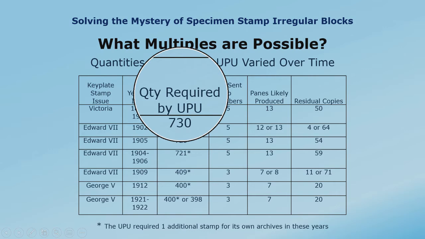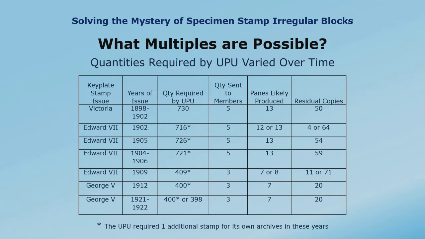So you can see, for example, on the first row during the Victorian key plate issue, which we saw earlier from 1898 to 1902, UPU required a total of 430 stamps.